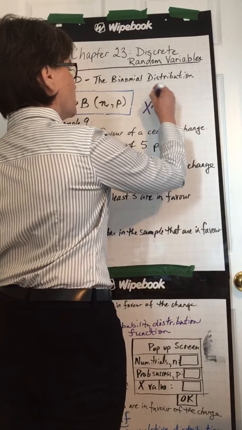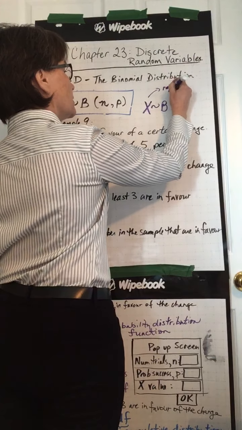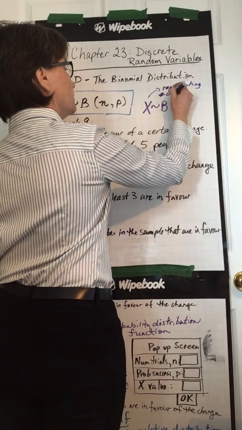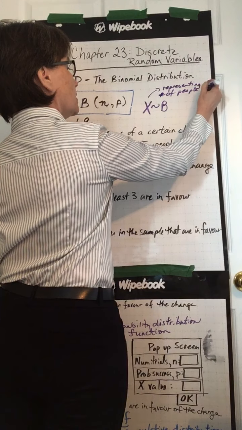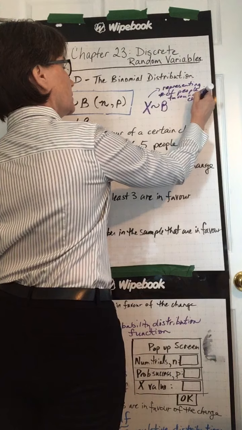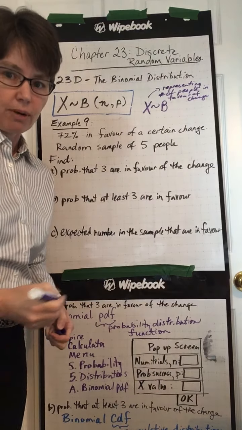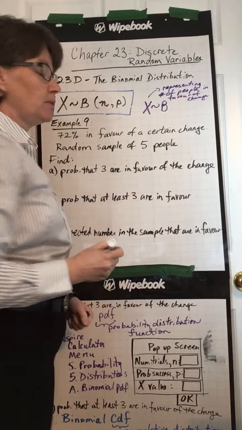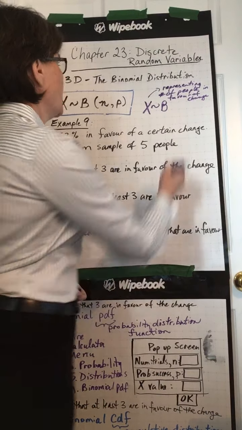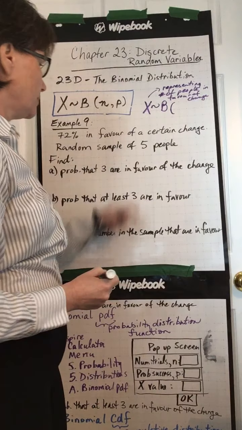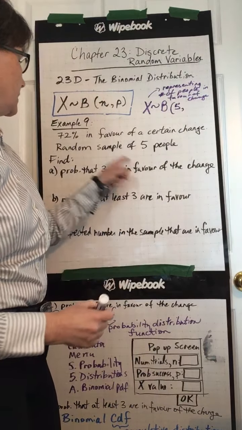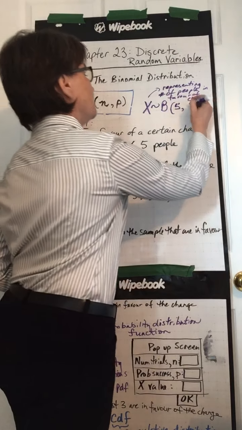So X is representing the number of people in favor of the change. It's important to understand what X is representing always. So it's distributed binomially, so either they're going to be in favor or they're not going to be in favor. The number of people we're sampling is 5, and the probability of success is 0.72.